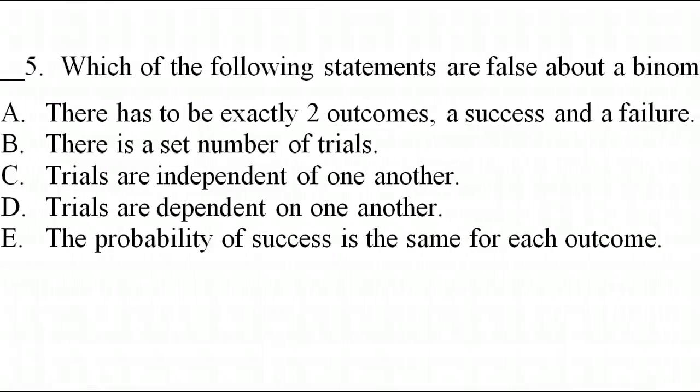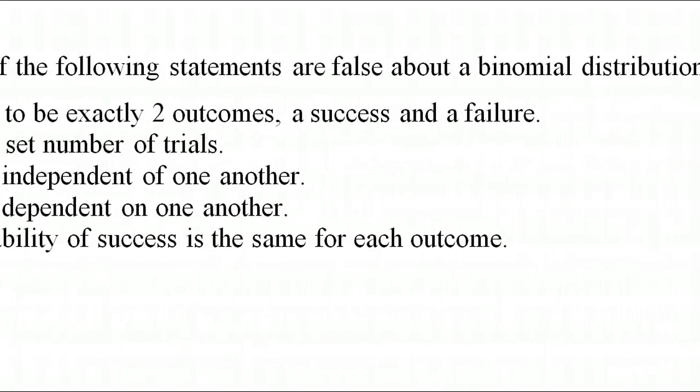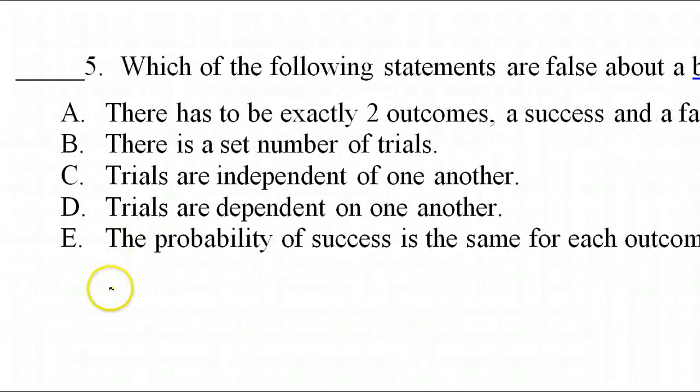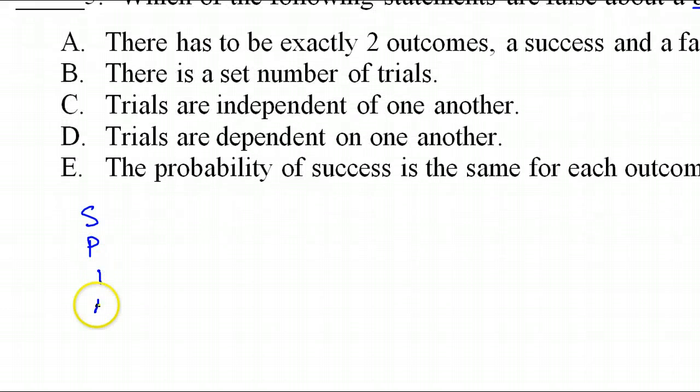Which of the following statements are false about a binomial distribution? Okay, when they talk about a binomial distribution, they're talking about SPIN. Remember SPIN? I use these letters to help me remember the 4 things that must be true if it's going to be a binomial distribution.